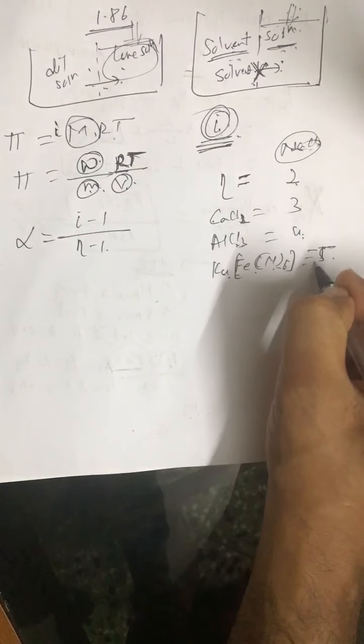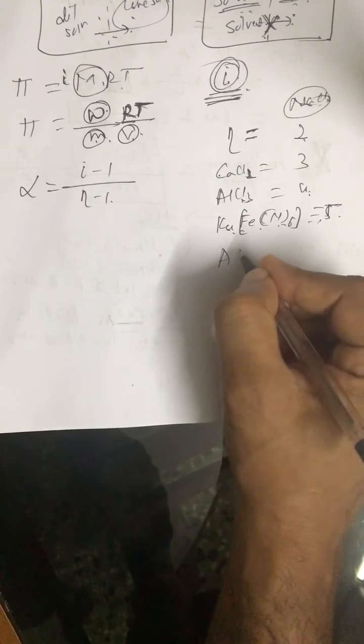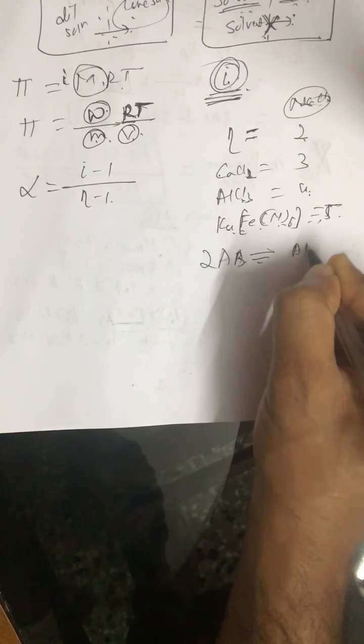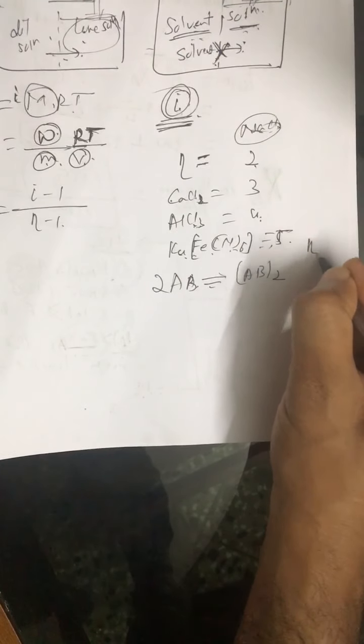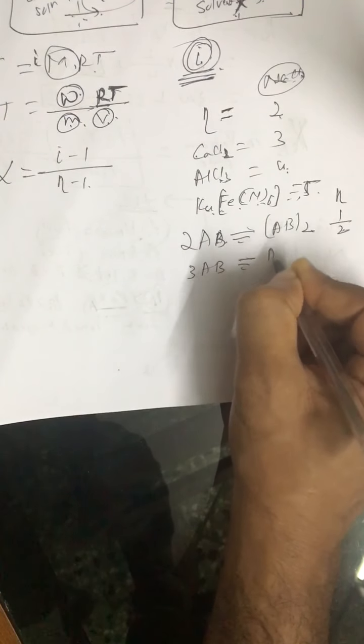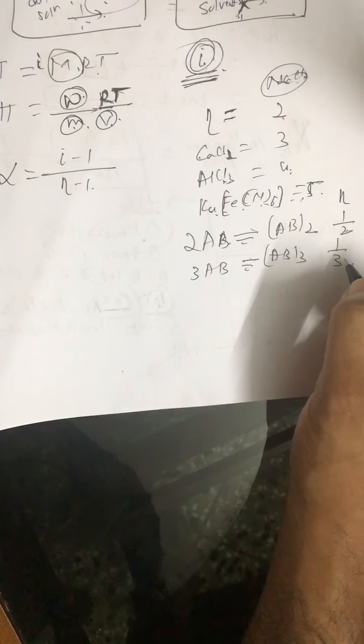So this is the total number of expected particles. And if solute particles undergo association, like two molecules associate, AB whole twice, then the value of eta becomes 1 by 2, that is dimerization. In case of trimerization, it becomes AB whole thrice, and this is 1 by 3, like that.